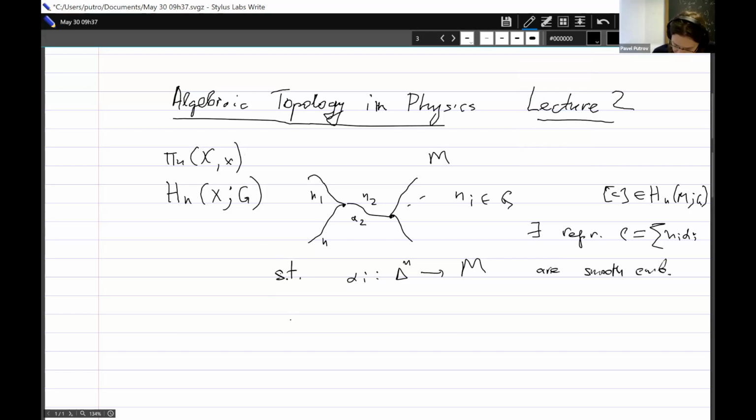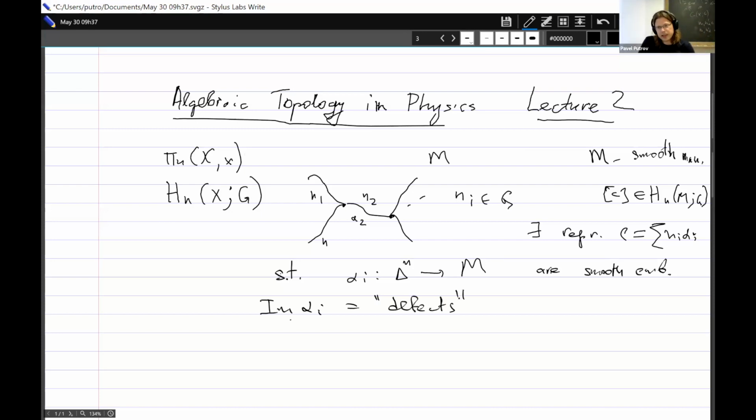Of course, here you assume that M is a smooth manifold. And so by defect, I mean the images of these alphas are what we call defects.